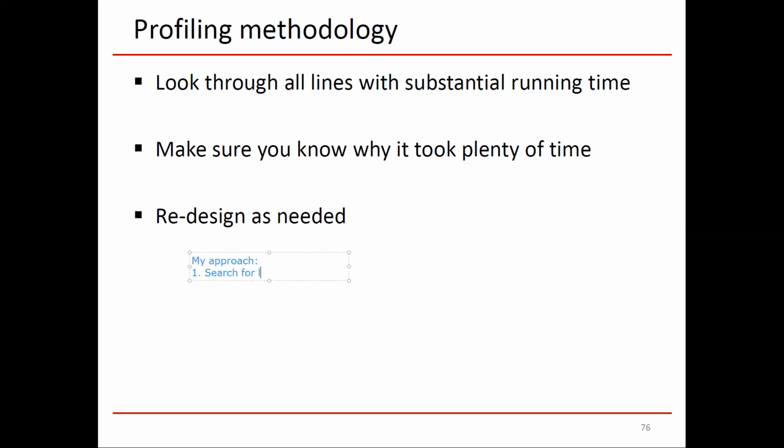Search for lines that ran at least, let's say, 10% of the runtime, okay? And for each of these lines, look at it, try to understand whether it makes sense, and can I explain why it's slow?